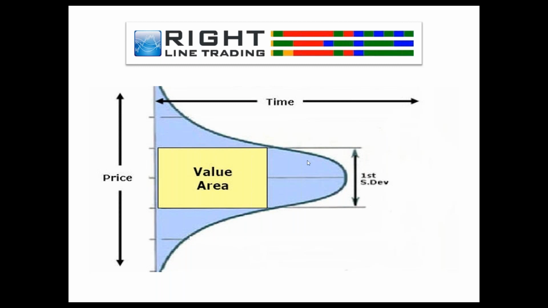And then there's an envelope around that mean price that comprises one standard deviation's worth of volume at price, and that creates a fair value area for that given financial instrument. You're going to see that price really tries hard to stay within that fair value area zone.